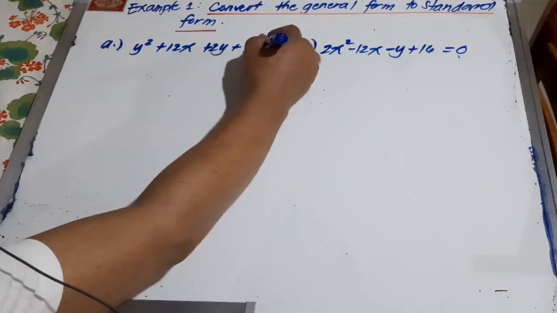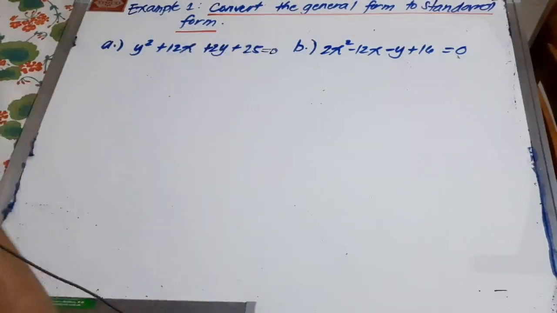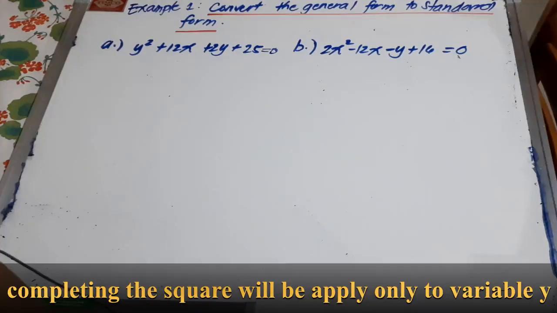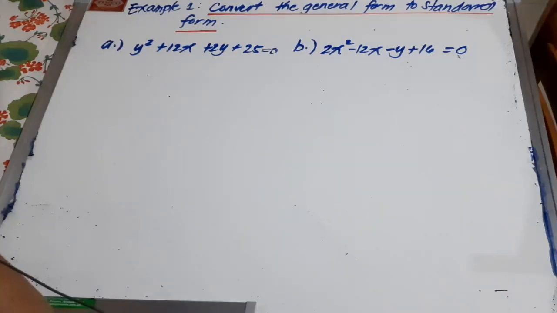Okay. Now, letter A. So ang gagawin natin, yung second degree variable lamang ang ating pwedeng i-convert kasi quadratic in form siya. While the rest na hindi quadratic term or variable, we're going to transpose this, including the constant term, to the right side of the equation.